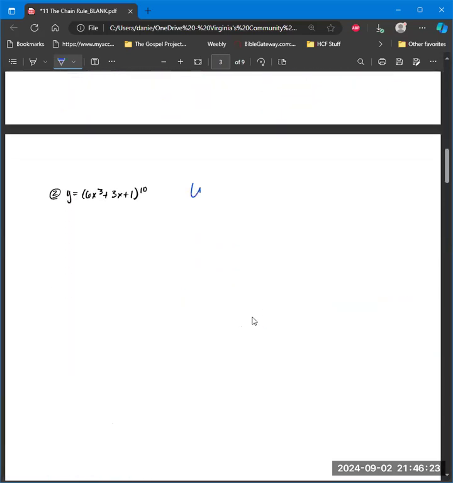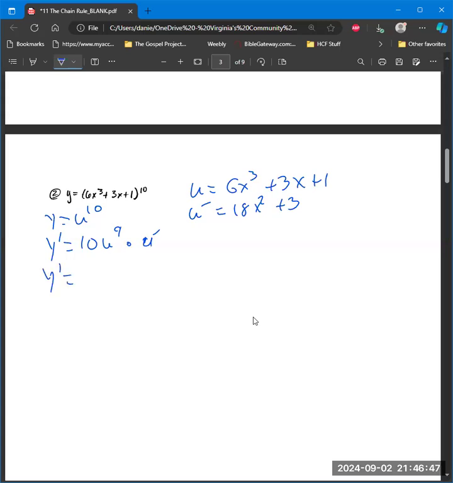Let's go ahead and make u equal to 6x to the third plus 3x plus 1, and u prime is equal to 18x squared plus 3. Y is going to be equal to u to the 10th power. Y prime will be 10 u to the 9th times du dx, or u prime. So y prime is equal to 10 times something to the 9th times something, where this is 6x cubed plus 3x plus 1, and this is 18x squared plus 3.